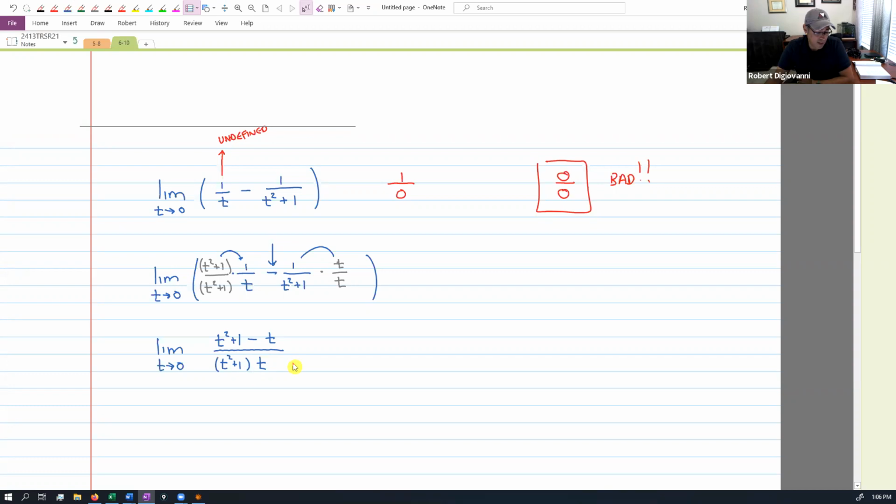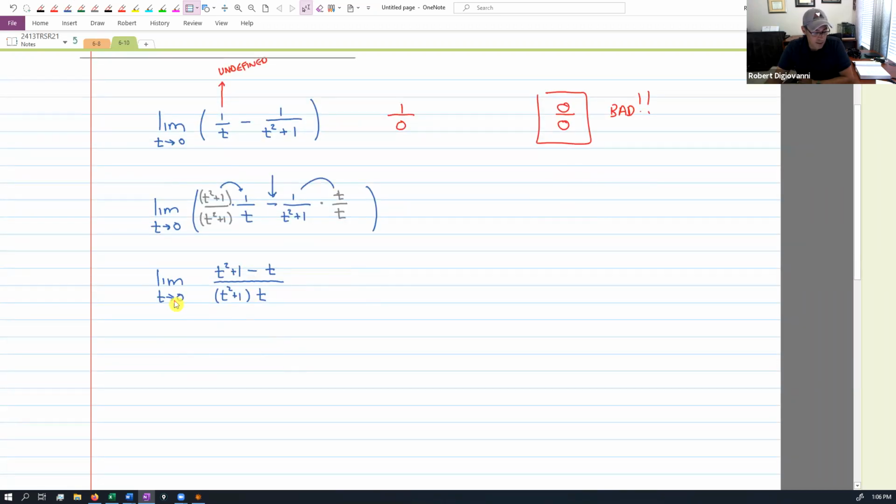Okay, now did this get us anywhere? Let's see. If we let t go to 0 right now, the top goes 0 plus 1 minus 0, which gives us a 1 on top. And on the bottom, we get 0 plus 1 is 1, but then times 0, so we get 0 on the bottom.